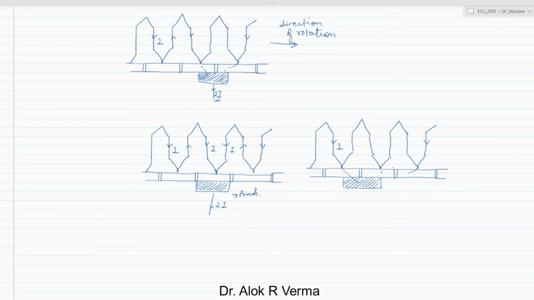One current I will be going here, and this current will be coming from here. So here again it will be 2I, and similarly it will keep on happening. This will keep on moving, and this brush will be collecting the current either on this section or this section or both, where you can clearly see that the current 2I is maintained in the same direction. So this current 2I is known as the DC current.